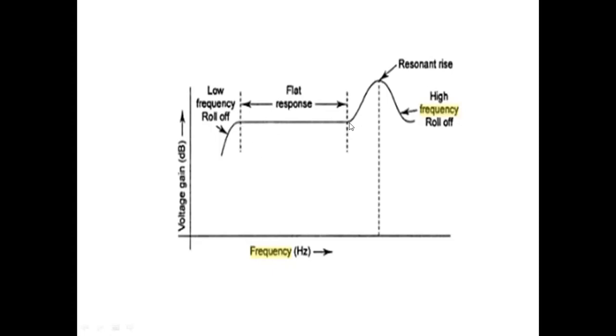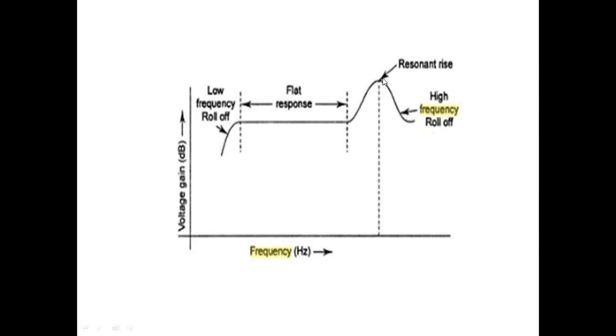Here we can have some flat response, whereas if you come to this point, then we can get a peak at this frequency. That means there is no flat response, and the amplifier does not amplify the signals equally at all the frequencies because of the interwinding inductance and capacitance.